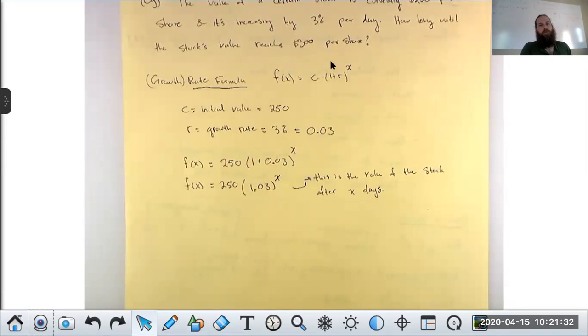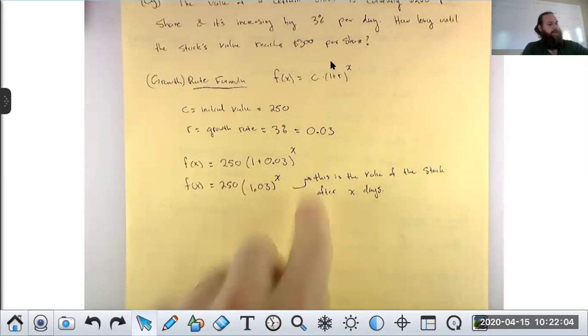So if all the problem asked for was a function that models the value of the stock, I would be done. But that's not what the problem asked for. The problem asked, when will the value of the stock be $300 per share? So what should I do with this thing in order to figure that out? Do you have to put the whole equation equal to 300? Yeah, perfect, right? This is the value of the stock after x days.